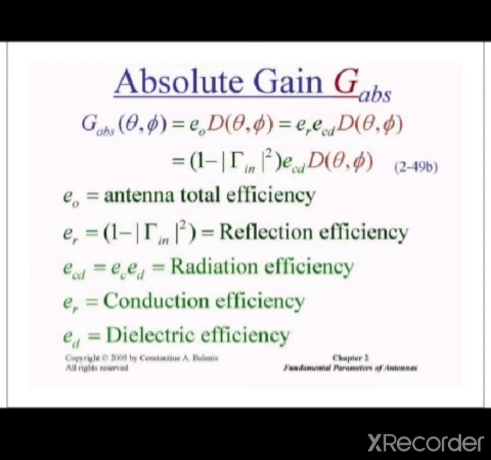Now e_r is equal to 1 minus gamma squared, the reflection efficiency. So absolute gain is equal to the reflection efficiency times radiation efficiency times directivity. Okay, so in the conduction efficiency, e_d is the dielectric efficiency.